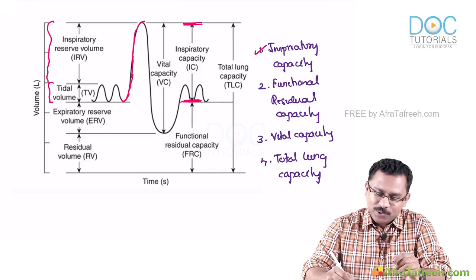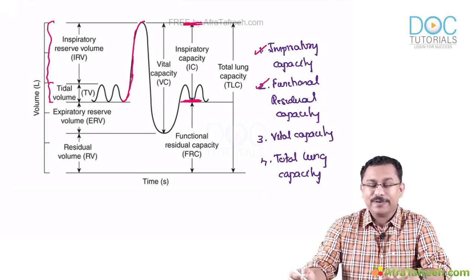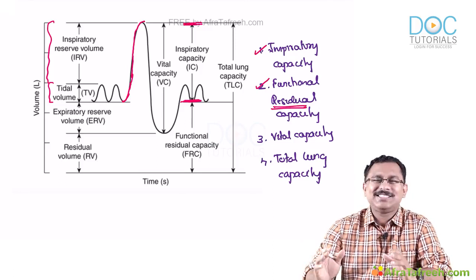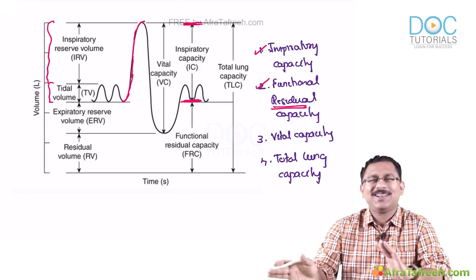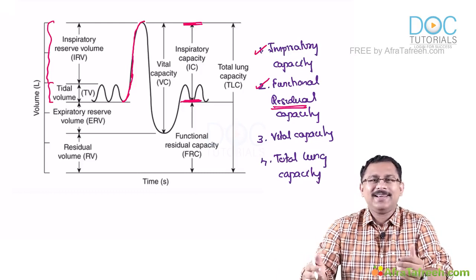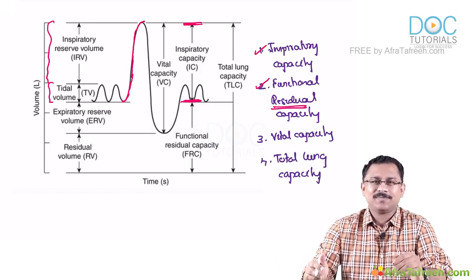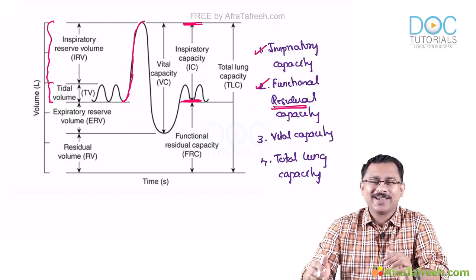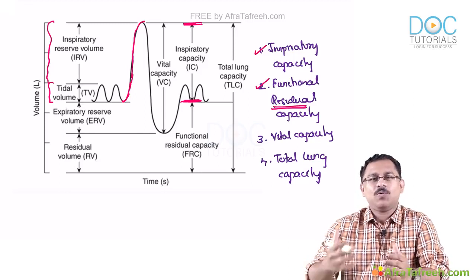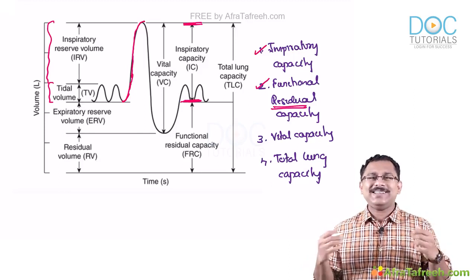Second term we are going to see is your functional residual capacity. Remember, it is residual capacity, which means it is the amount of air that remains in the lungs after a normal expiration. So you are having a normal expiration, and after that, what is the amount of air that remains in the lung?